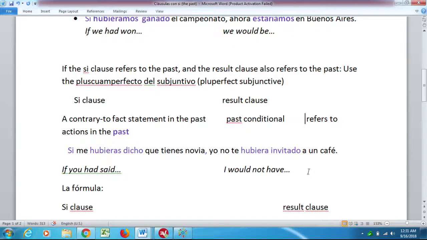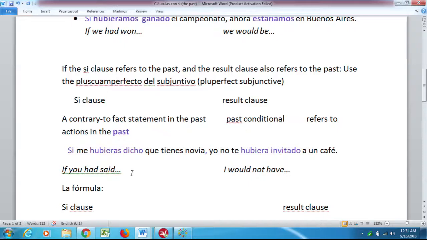Si me hubieras dicho que tienes novia, yo no te hubiera invitado a un café. Right? If you had said that you had a girlfriend, I would not have invited you, to get coffee. If you had done this, but you didn't, I would not have, but I did.